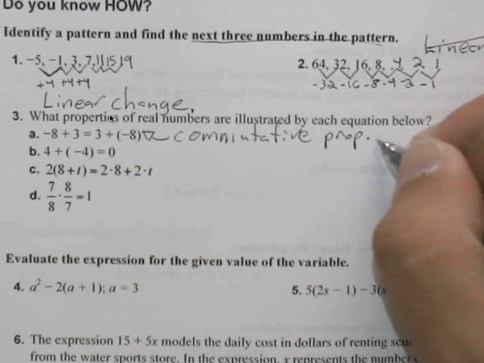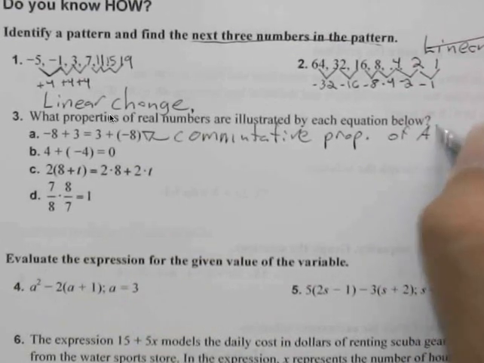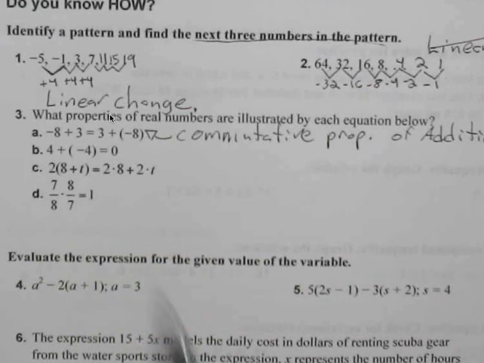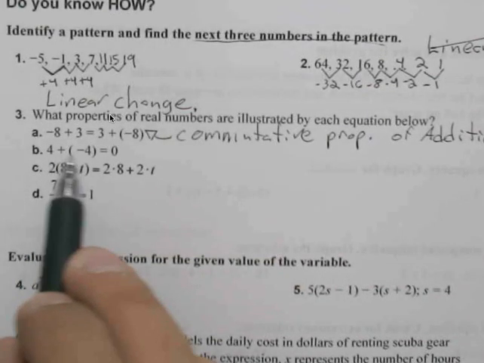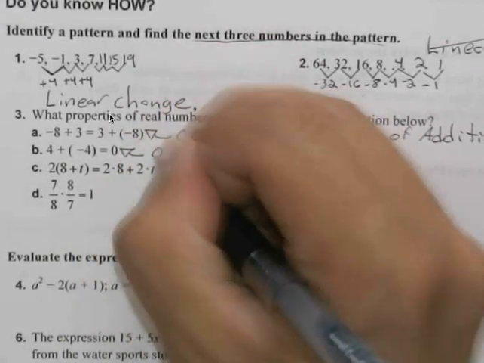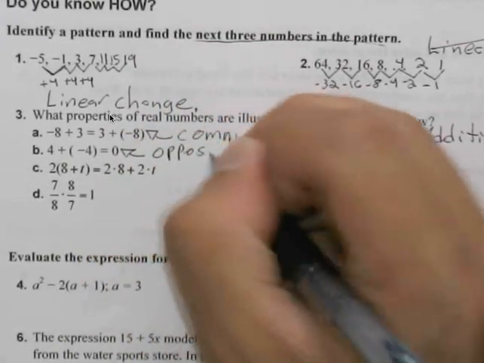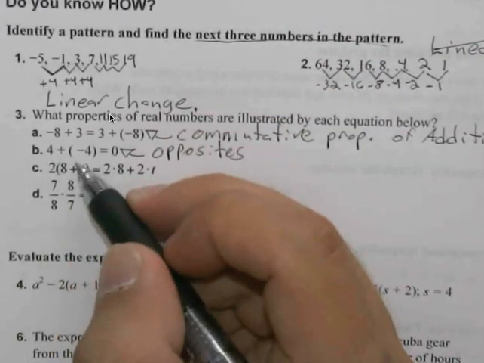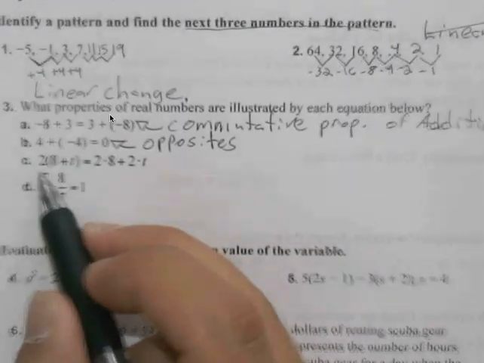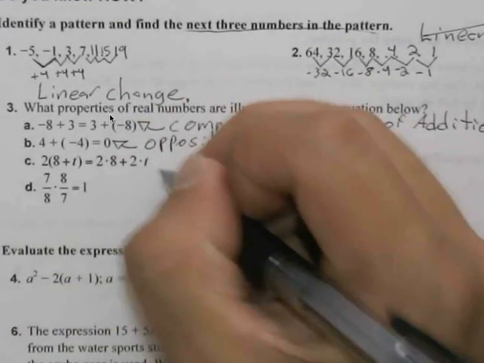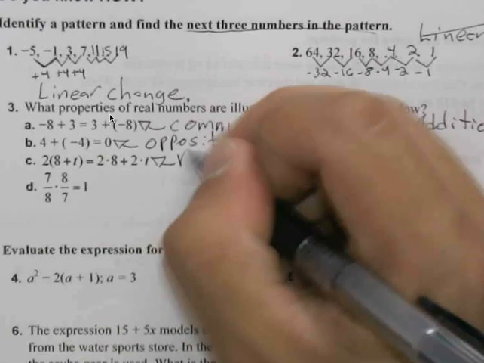Should be addition. I'll speed through these. We have a 4, and we're adding a -4, getting a 0. This is opposites. So anytime we have some version of a number, we add on the negative version of it, those cancel. We have a number outside parentheses, which is then distributed in. So this is using the distributive property.